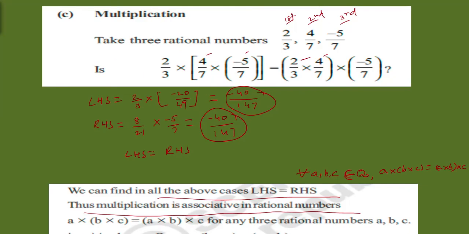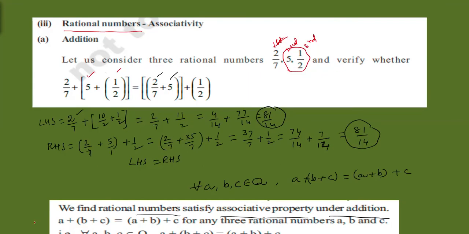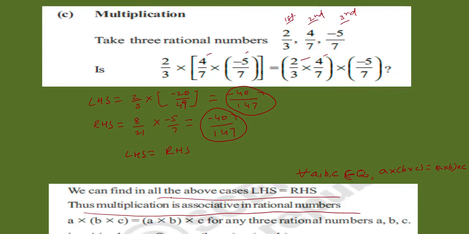Now these four are what you observe. Once again, look there. About rational numbers: addition is associative. Subtraction is not associative in rational numbers. Multiplication is associative.